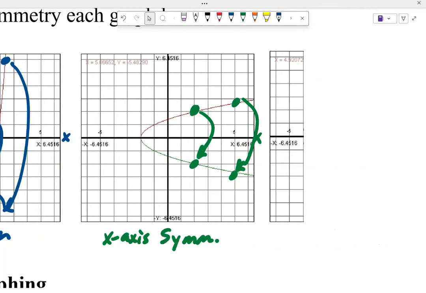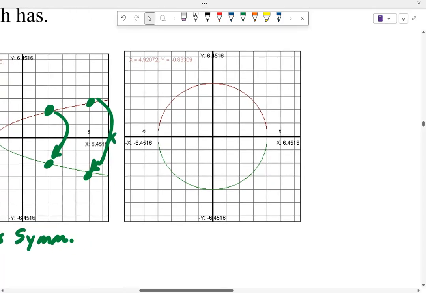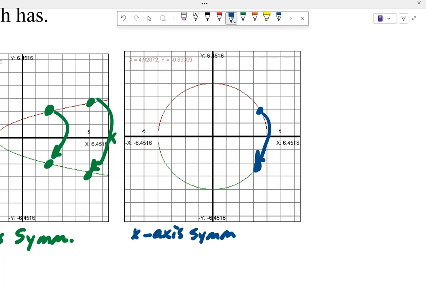And let's do this last final graph. Is this symmetric with respect to the x-axis? Let's take a point, flip it around. Hopefully you see, yes it is. So a circle is symmetric to the x-axis. Is it symmetric with respect to the y-axis?